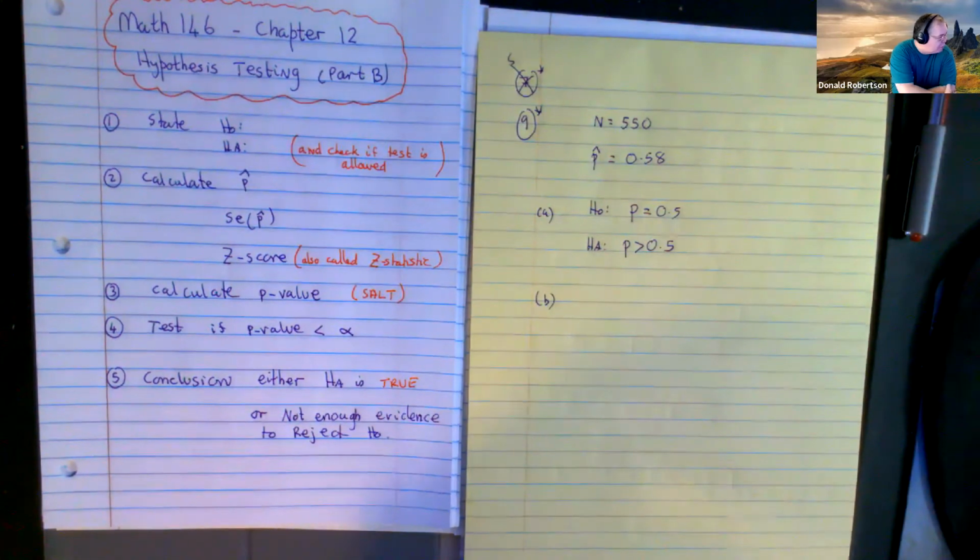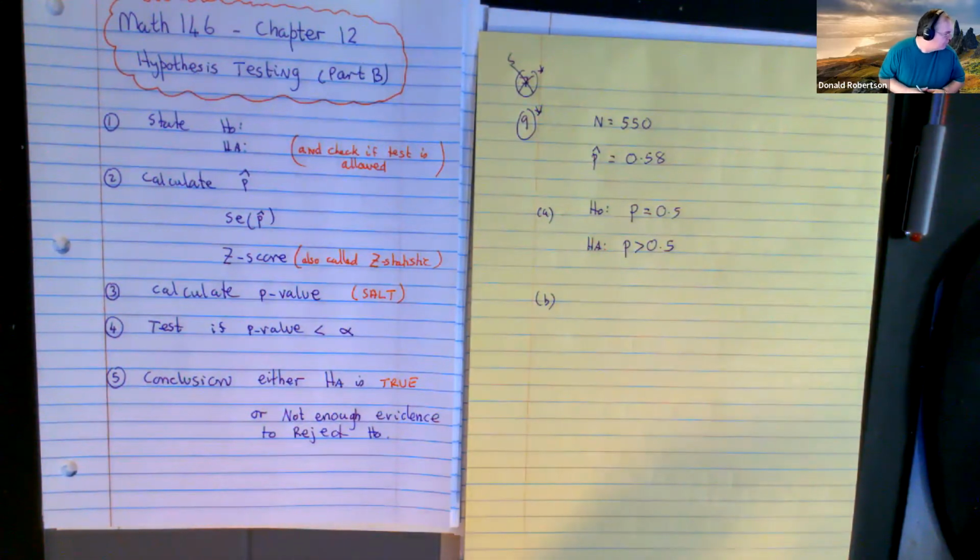We are looking for the conditions that are necessary to do the hypothesis test, and we're meant to click on all the ones that apply. They give you quite a few things.